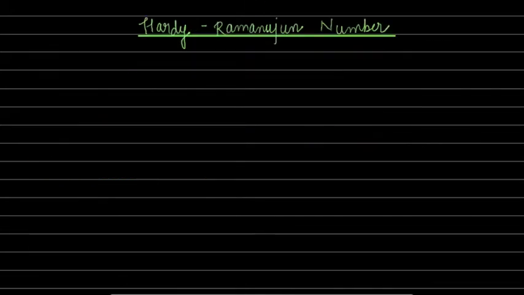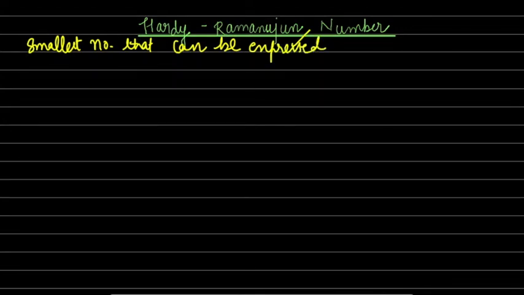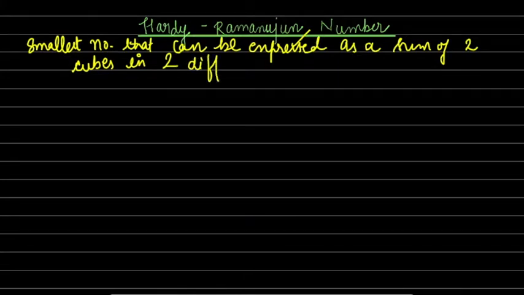Next, we see the Hardy Ramanujan number. That's a very interesting topic here. Ramanujan, we know, is the name of a very famous mathematician. We have to understand the Hardy Ramanujan number. So the Hardy Ramanujan number we can define as the smallest number that can be expressed as a sum of two cubes in two different ways.